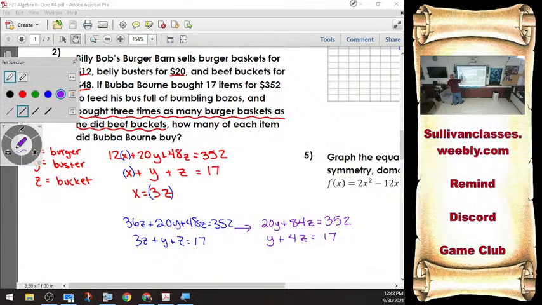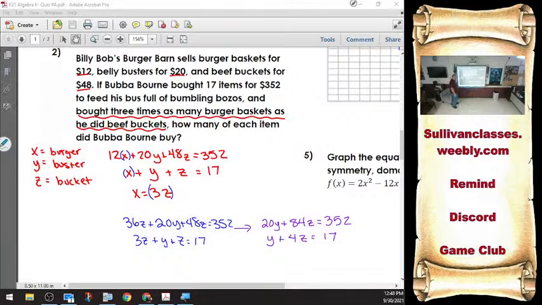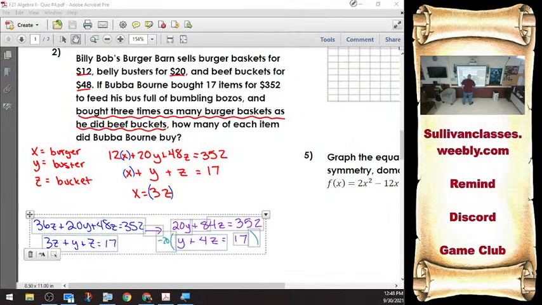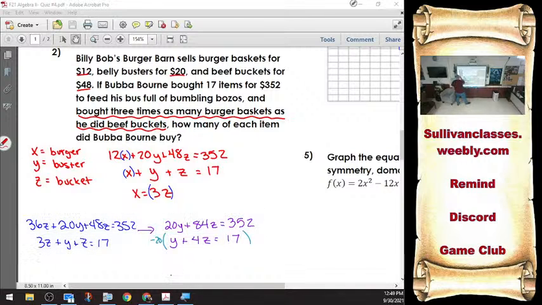What do you want to get rid of? The y? Whole thing by 20? Or negative 20, I should say. So if I have 20y plus 84z is 352.